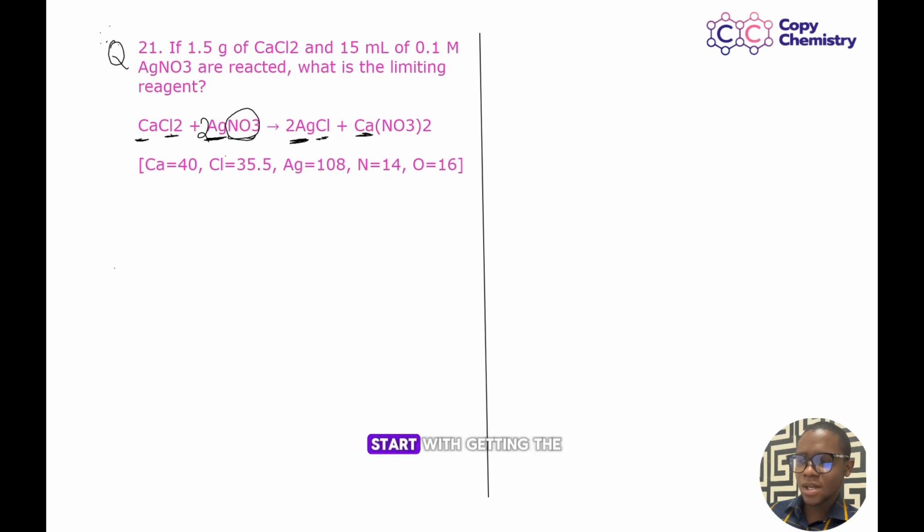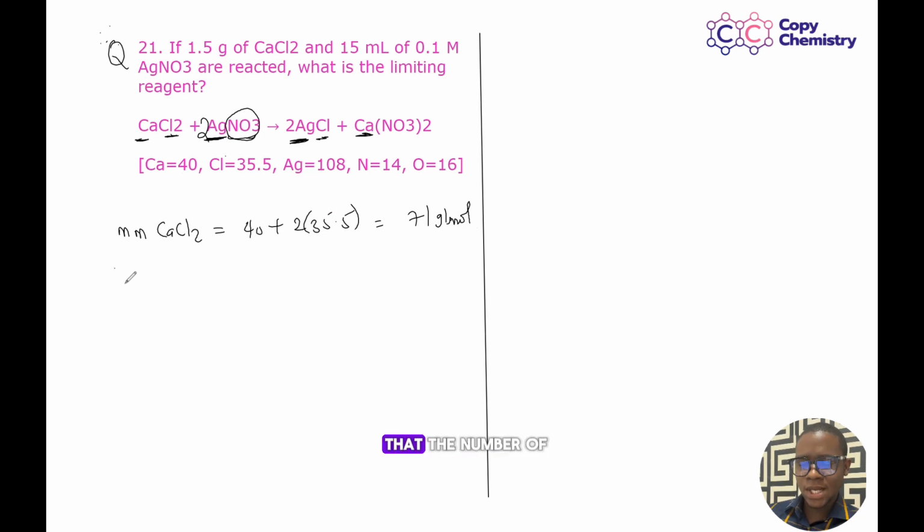Right, so now let's start with getting the number of moles of AgNO3 and also CaCl2. So first I'm going to do the molar mass of CaCl2. That's going to be 40 plus 2 of the Cl, and each Cl is 35.5. So if you solve all that, you should get about 71 grams per mole.